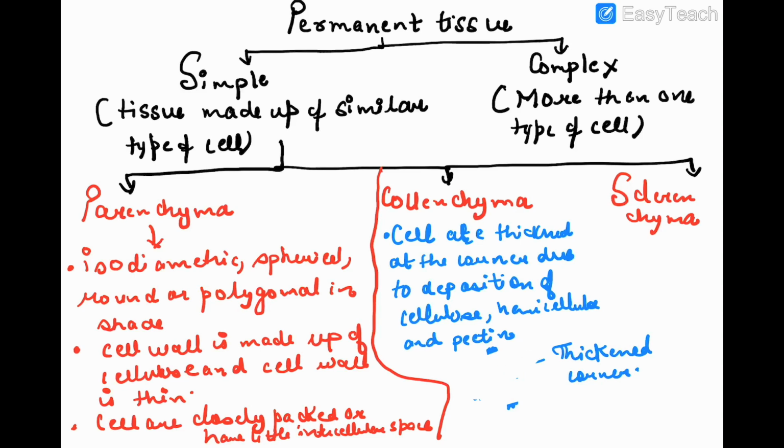Now, let us talk about further features. Cell can be oval, spherical or polygonal.